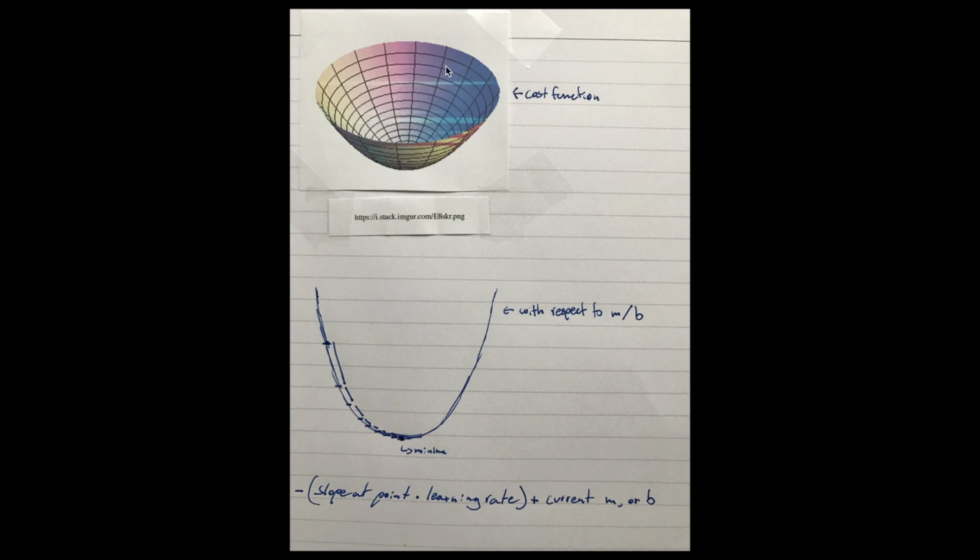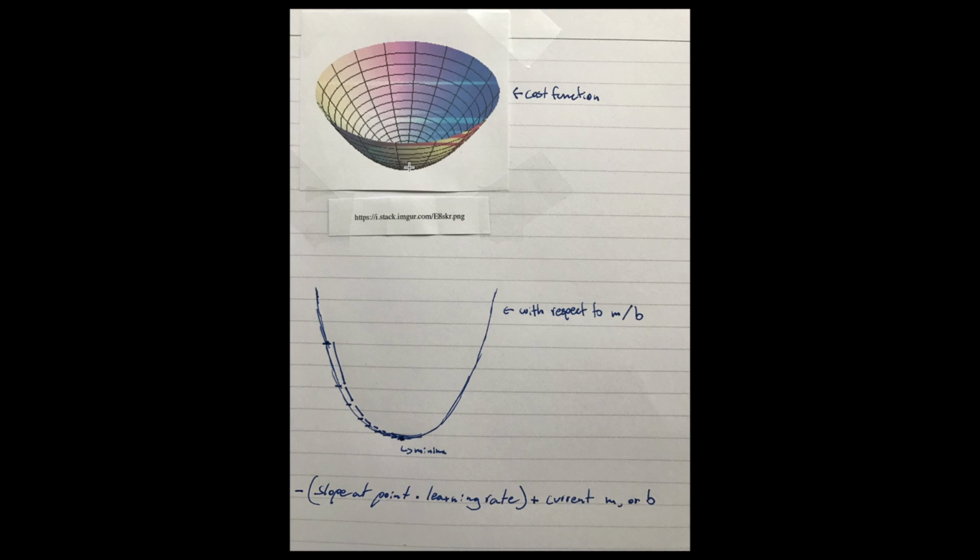Okay, so we have this big bowl, and we start at a point, and our ideal goal is to keep on walking down all the way to the bottommost point of this bowl. That is where, for a certain value of m and b, the cost function is at its lowest point possible. So how do we keep on walking down to that bottom point?